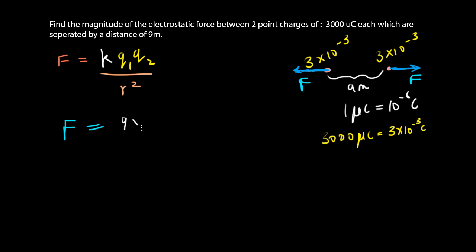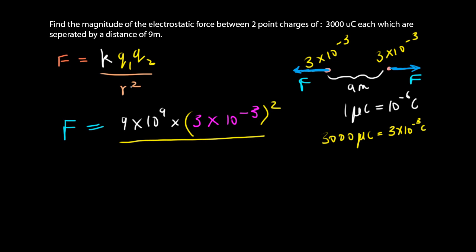Its value comes out to be 9 times 10 to the 9th, then multiplied by the product of the charges, but they are of the same magnitude, so I can just write it once and square, right? So this is 3 times 10 to the minus 3, and we can write again 3 times 10 to the minus 3, but I won't, because we can just square this. Okay, and divided by the square of the distance between them, right? And the distance between them is 9, so 9 squared will be 81, right?